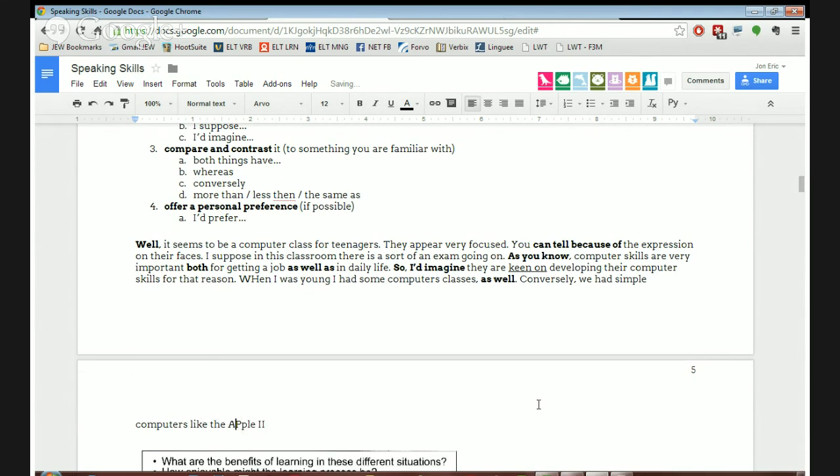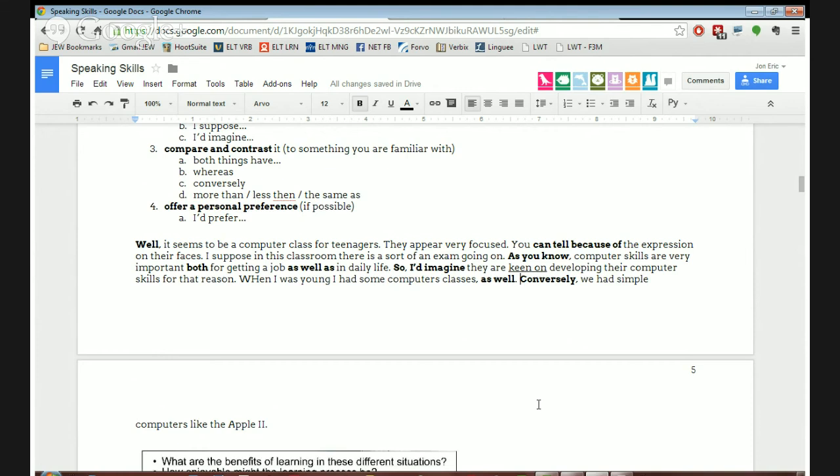Yes, I think I had the same computer class as you, actually. But to use conversely, that's great. But to use conversely, we've got to say something before. So the thing that comes before is, what can you say about those people and their computers that's different? Because conversely is a but word.